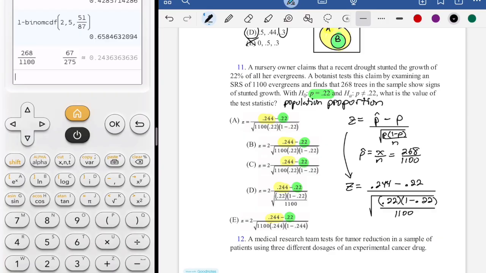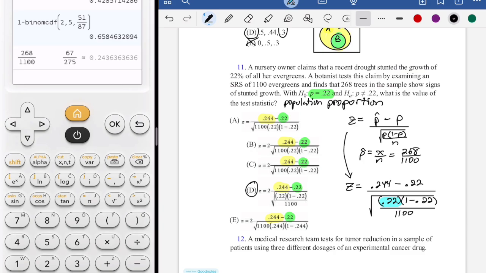There is an instance where you could use the P hat in your standard error. So these values here, instead of using P, it could have been P hat. I dismissed that as a possibility because the only relevant formula was this one, and pretty much all of them were populated with the 0.22 instead of the 0.244.